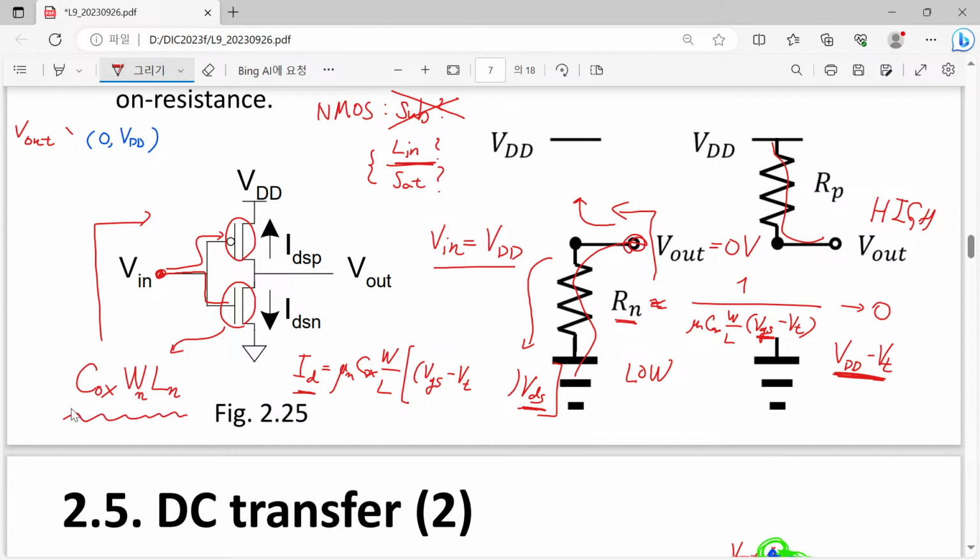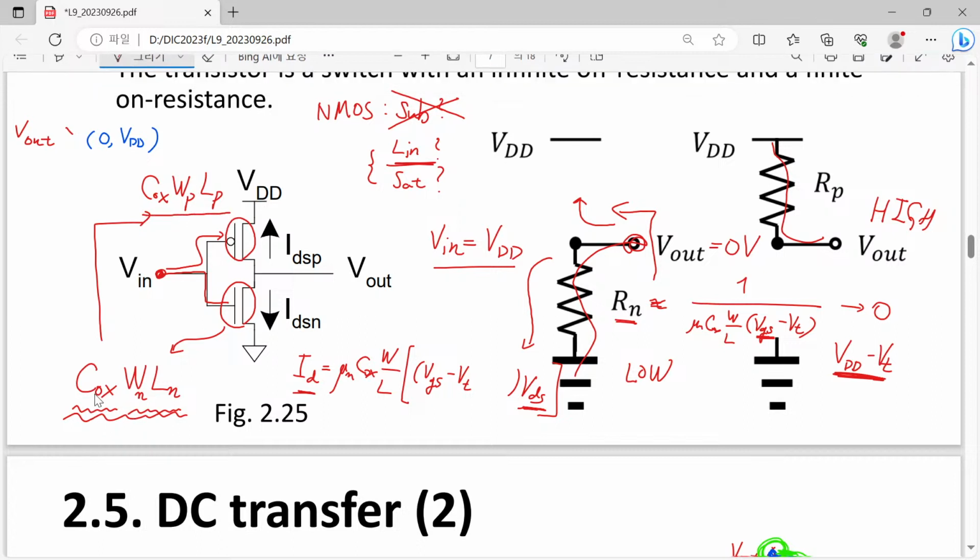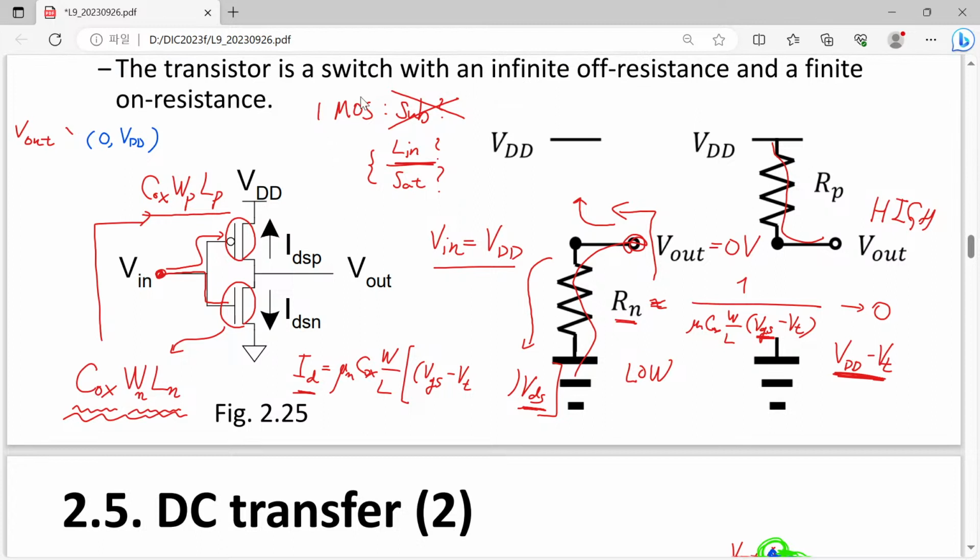This is the per area oxide capacitance, and this is the width of your transistor. Also, you will have Cox Wp times Lp in the case of your PMOS. So simply speaking, you will have an almost pure capacitor connected to your transistor. So now it can be written in this form.